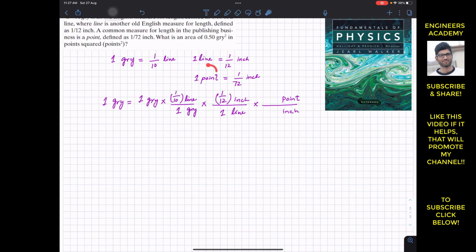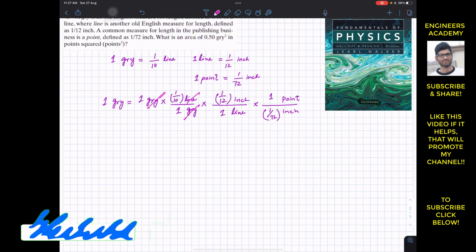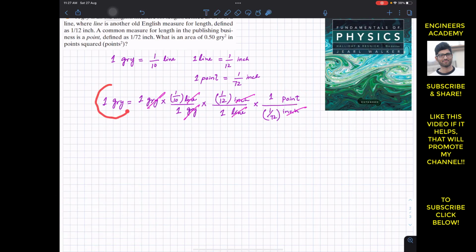Now 1 point is equal to 1/72 of an inch. So 1 point is 1 divided by 72 of an inch. So this gray cancels out, this line cancels out, inches cancel out, and at the end we are left with points. So at the end we will have the gray in terms of the points.